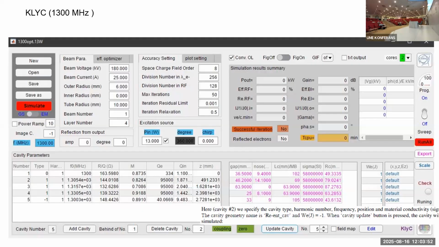Of course, this section is completely yours. You should put everything here. This is the 58 millions. This is the sigma. Or I'm not sure, maybe from copper. A sigma and RC.